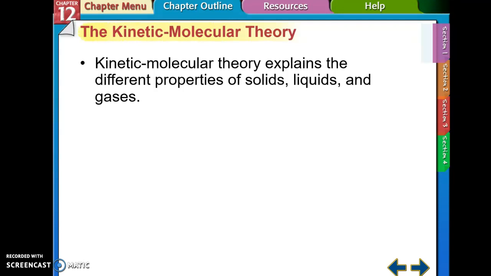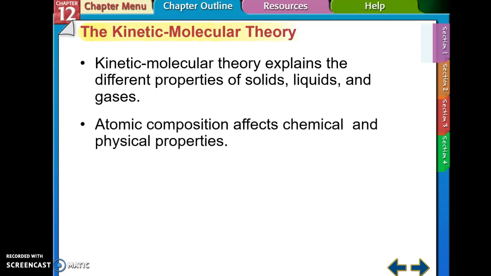So what the kinetic molecular theory does is it explains the different properties of solids, liquids, and gases based on their atomic composition. Kinetic, movement, molecular, molecules.